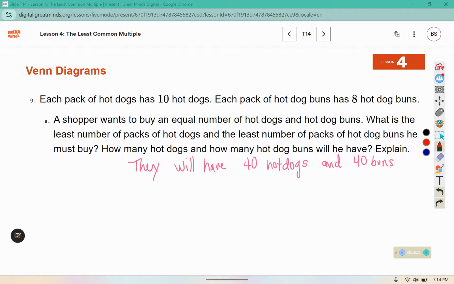We also need to state how many packs they need. To get 40 hot dogs, that would be 4 packs. And to get 40 using 8s, that would take 5 times 8.